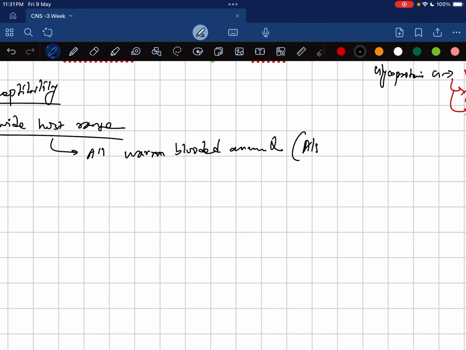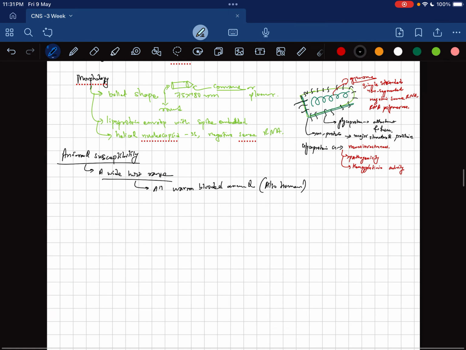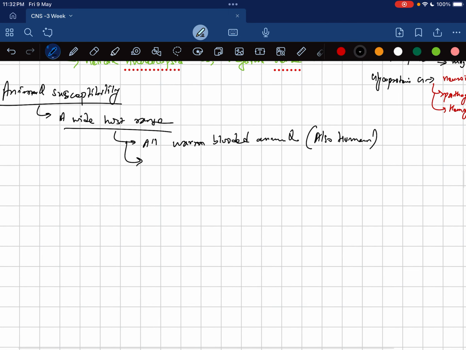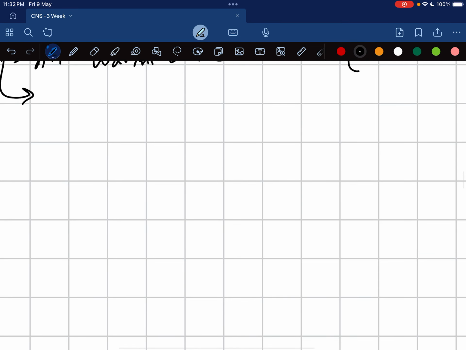Very highly susceptible animals are fox, jackal, and wolf.